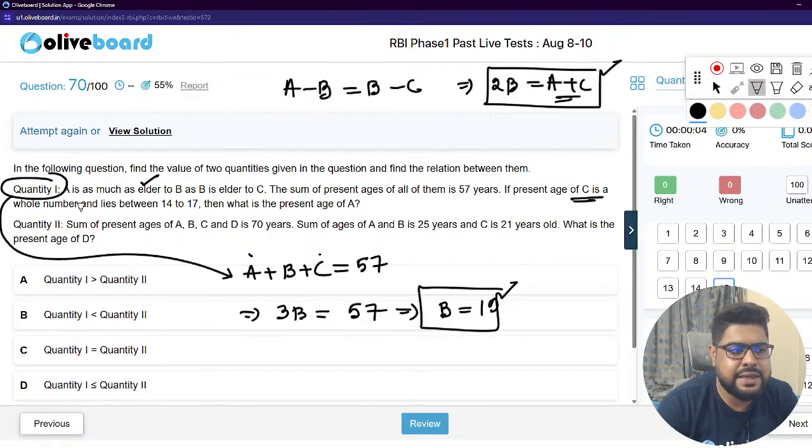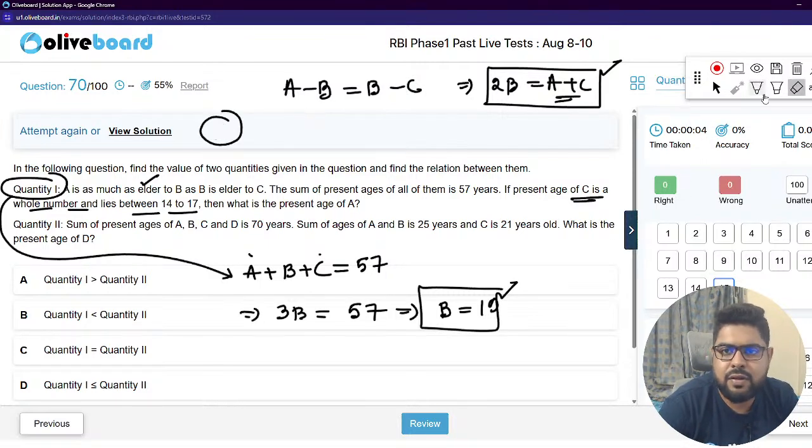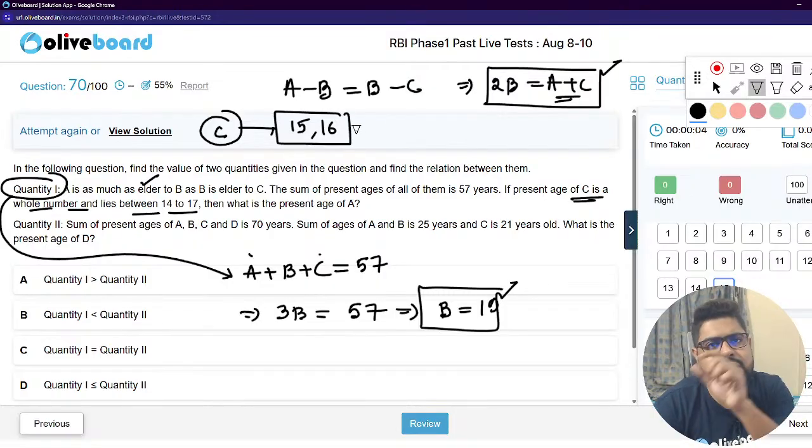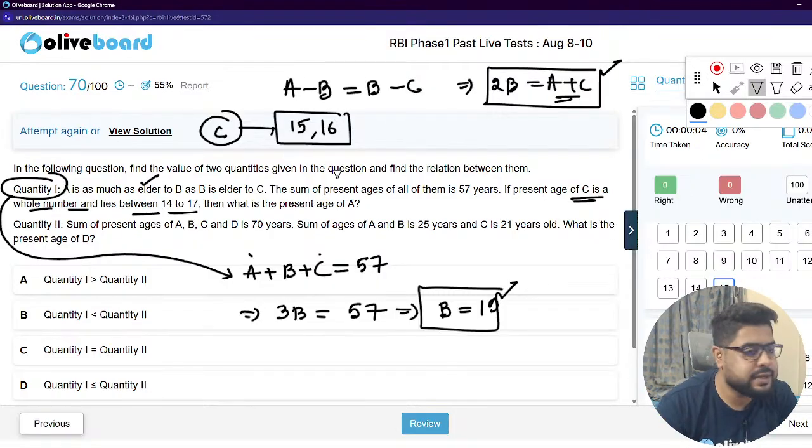Present age of C is a whole number between 14 and 17, meaning two possibilities, 15 and 16. Because between 14 and 17 means 14 and 17 excluded, 15 or 16.